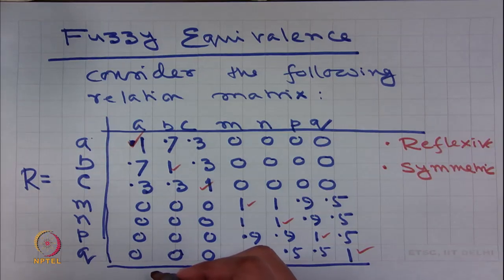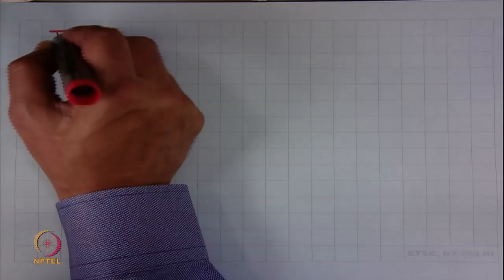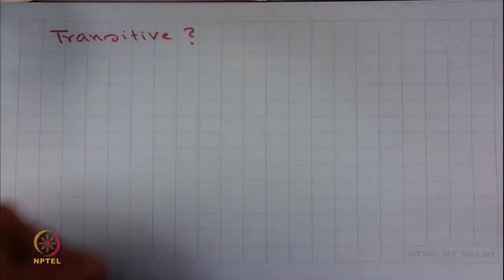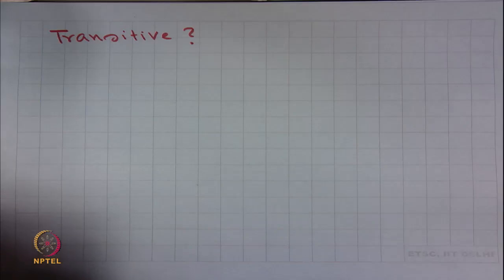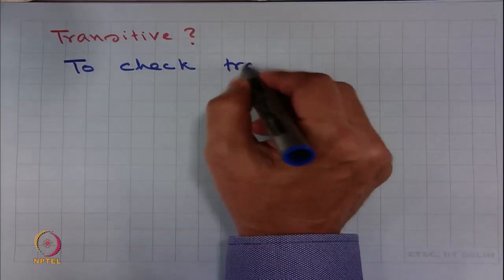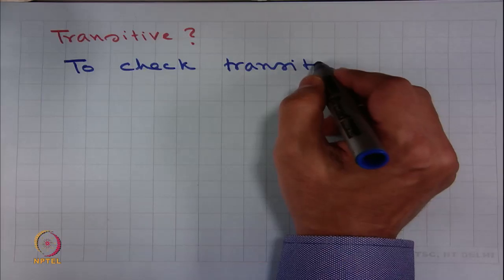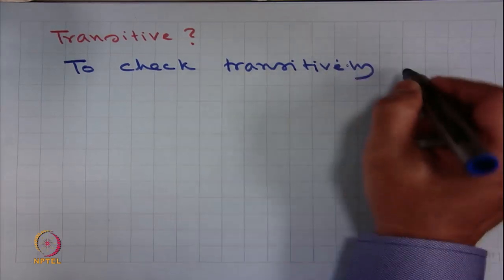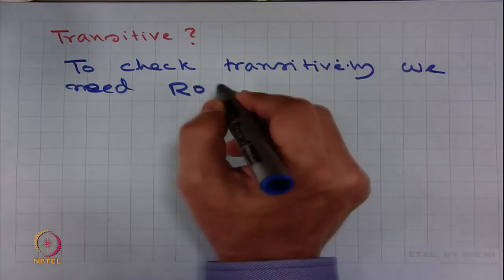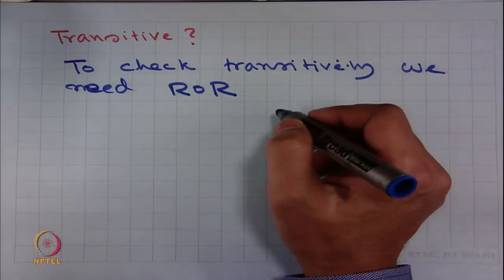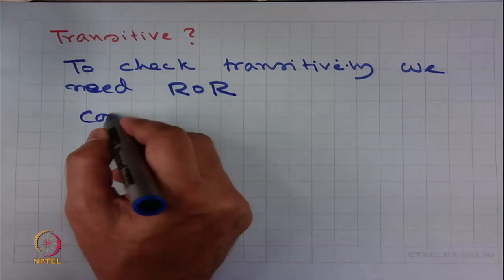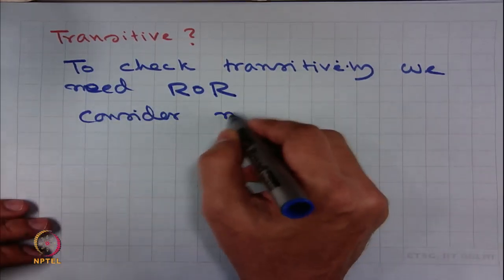Now, is it transitive? To check transitivity, we need to compose R with itself, that is R composed with R, and suppose we work on max min transitivity.